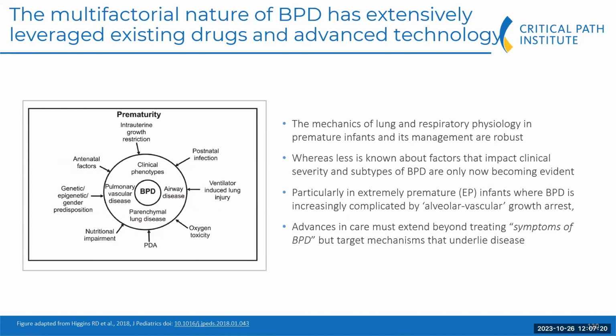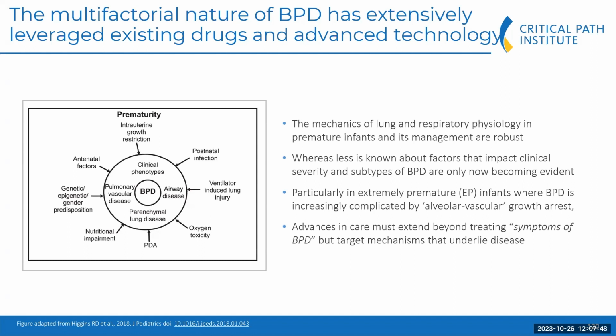Now, the multifactorial nature of bronchopulmonary dysplasia has really been leveraged by those existing drugs, whether they're label expansion or primary development and approval, but it's also been significantly impacted by the technology. The ventilators that I had to use as an intern, resident and then fellow committed to neonatology are now vastly different and significantly improved.